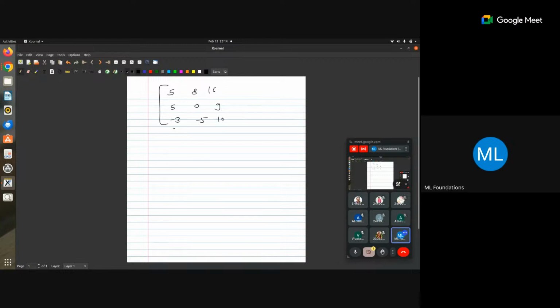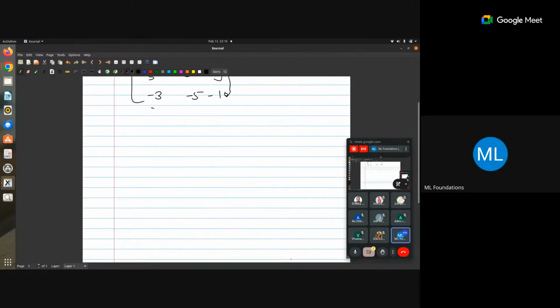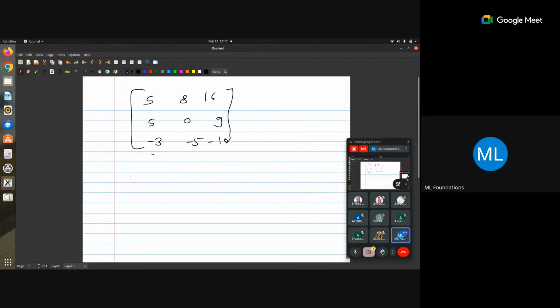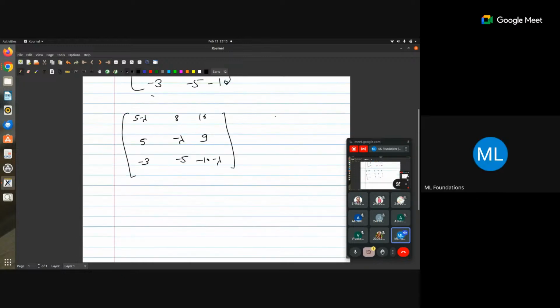So now it will be 5 minus lambda, 8, 16; 5, 0 minus lambda, 9; -3, -5, -10 minus lambda, right? Yes. The next thing is I'll have to find its determinant and equate it to 0.